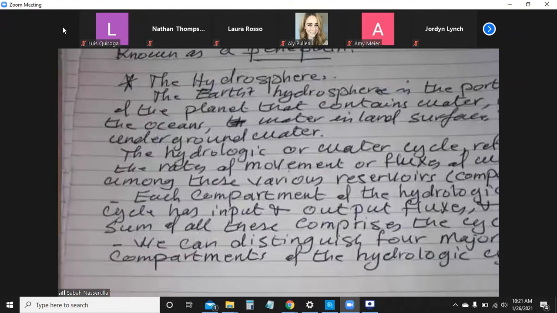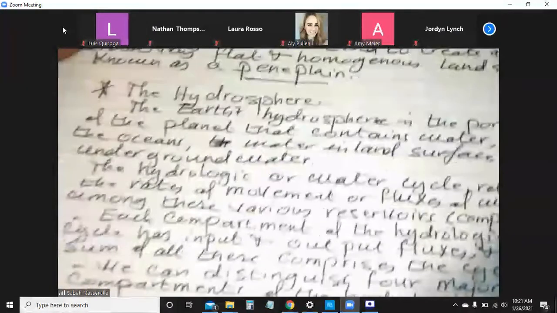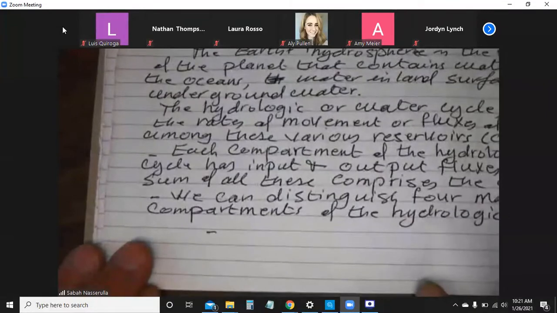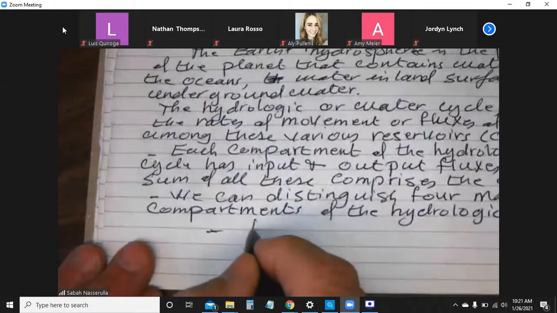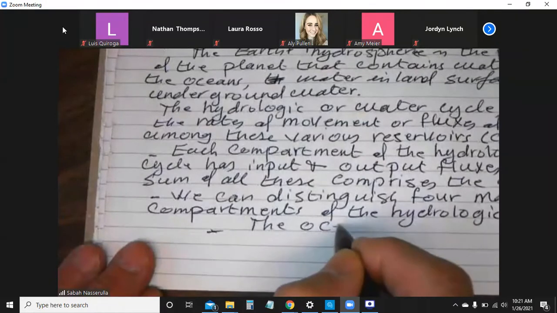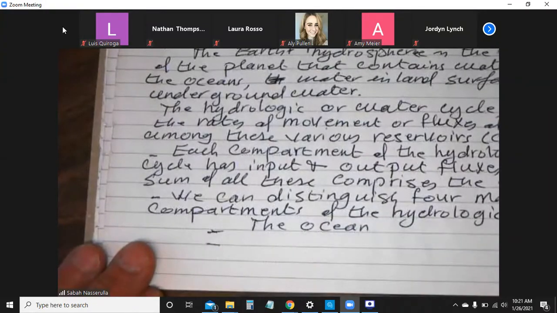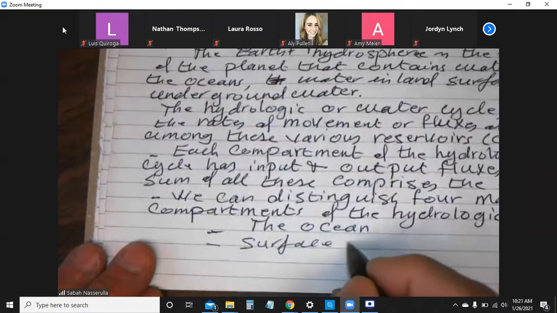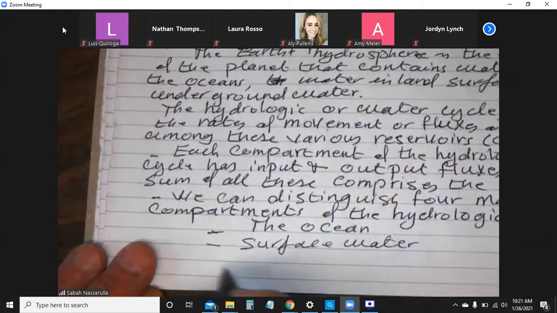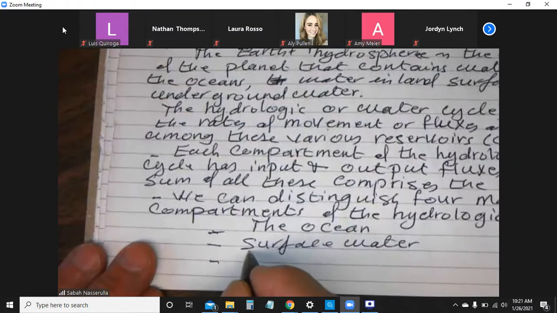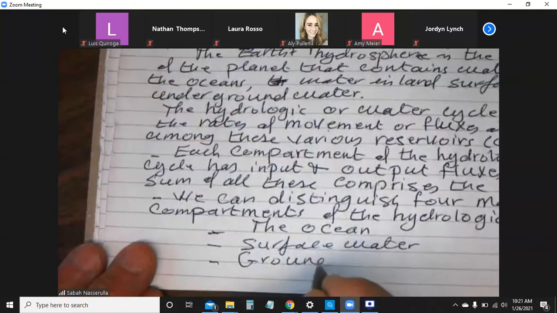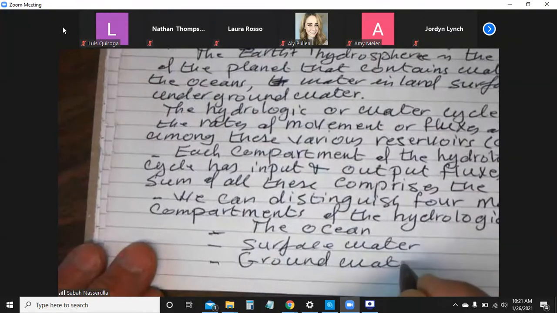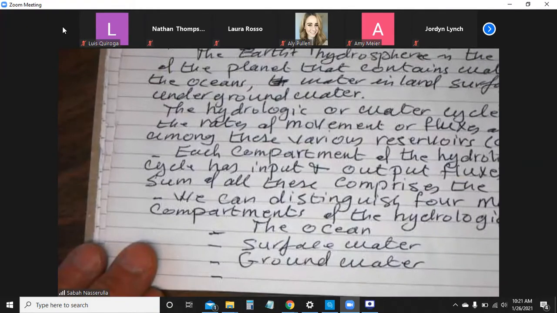These compartments are the ocean, the surface water, the groundwater, and also the atmospheric moisture.